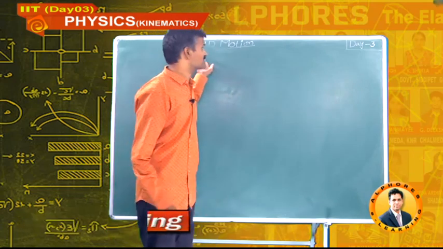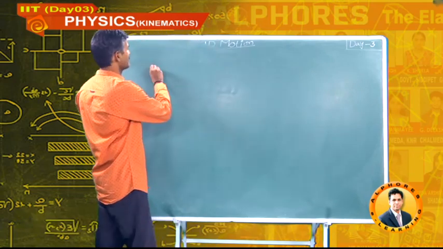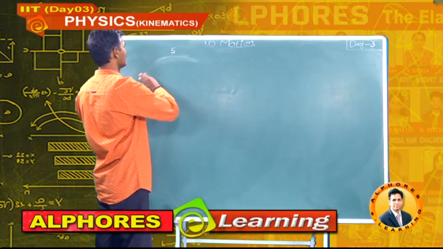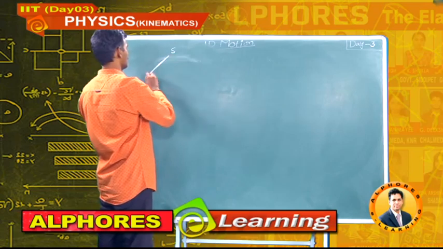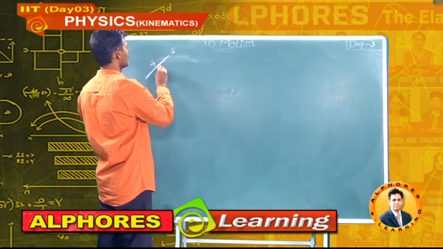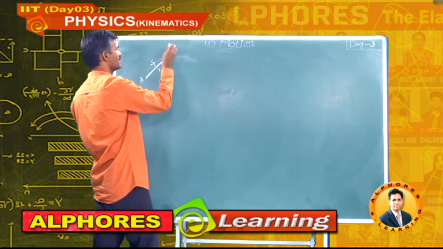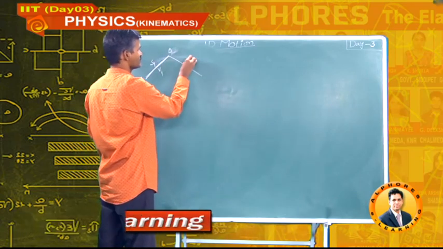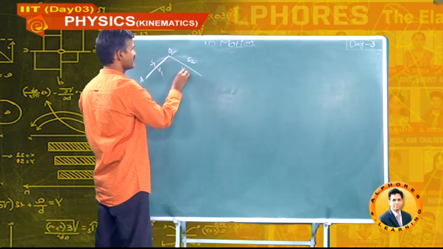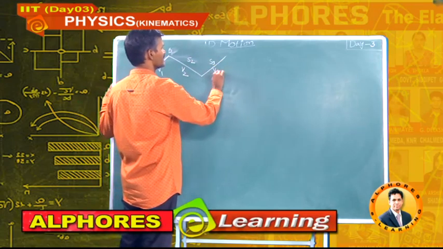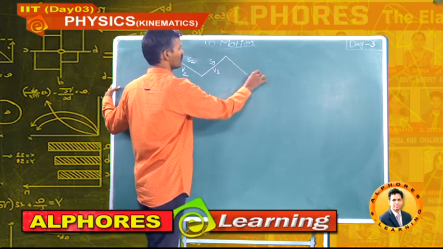Our next case is, if a body travels some S1 distance with a V1 speed from A to B, after that it travels some S2 distance with a speed V2 and then S3 distance with a speed V3 and so on.